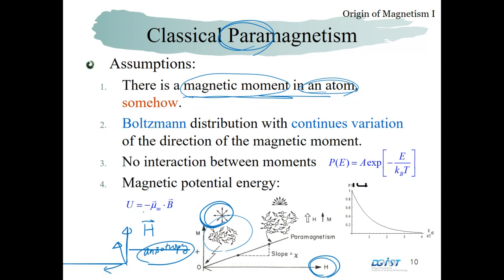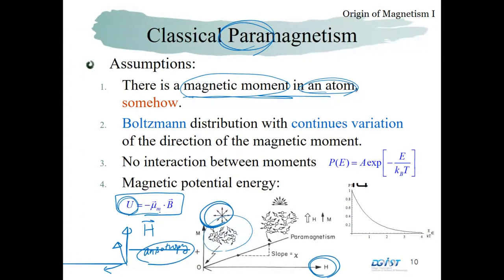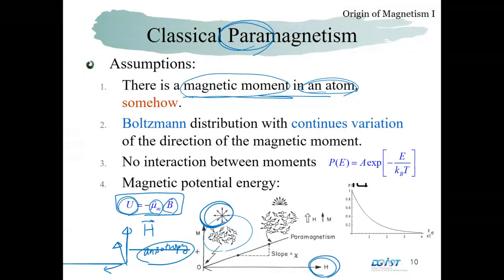So if we consider the magnetic potential energy, I didn't explain this magnetic potential energy, but it's a very general form. The potential energy U is defined by the inner product, not the cross product, between the magnetic moment and the magnetic field.